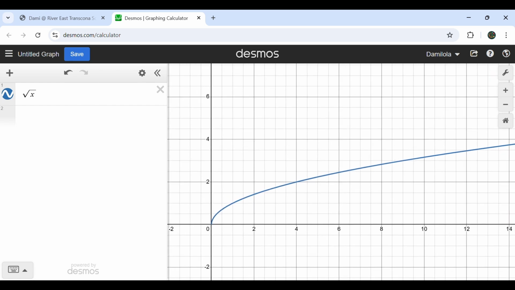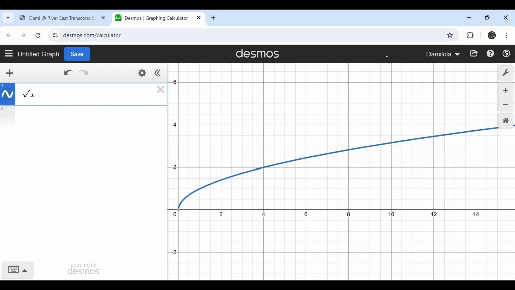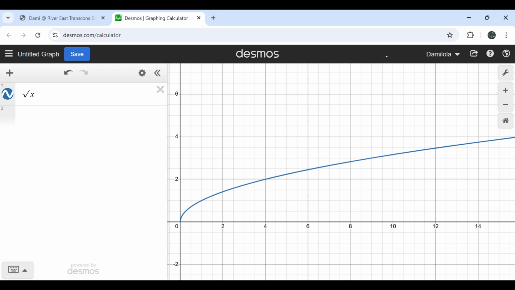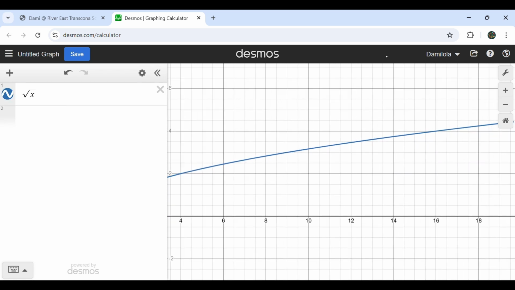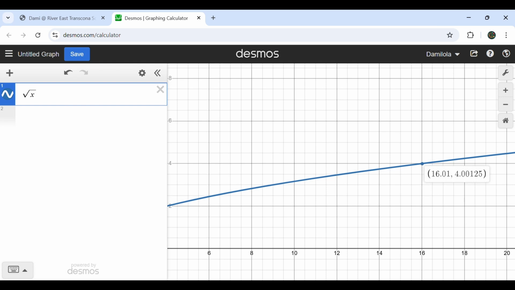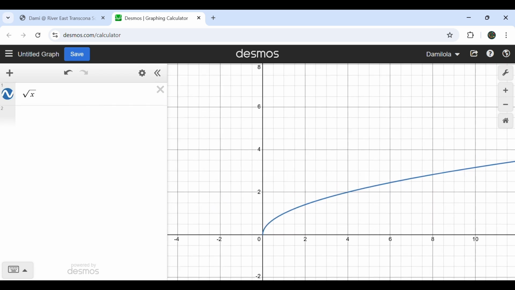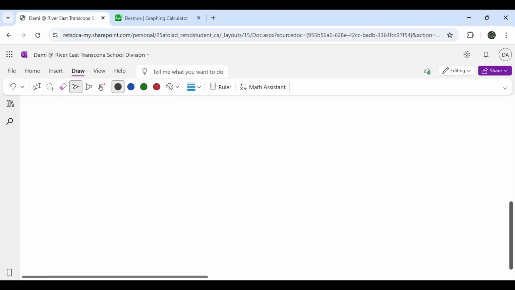It has a slightly curved path. It does not go into the negative side because you cannot square root a negative number. So the square root of 4 is 2, the square root of 9 is 3, and the square root of 16 is 4, and so on and so forth.